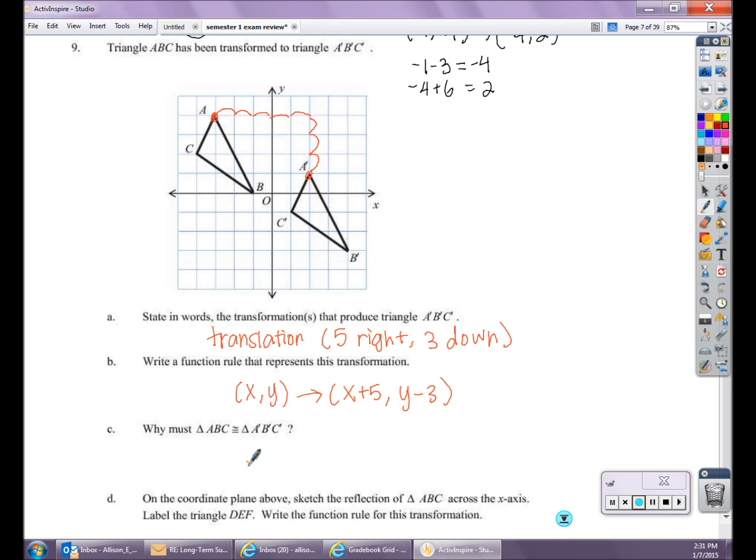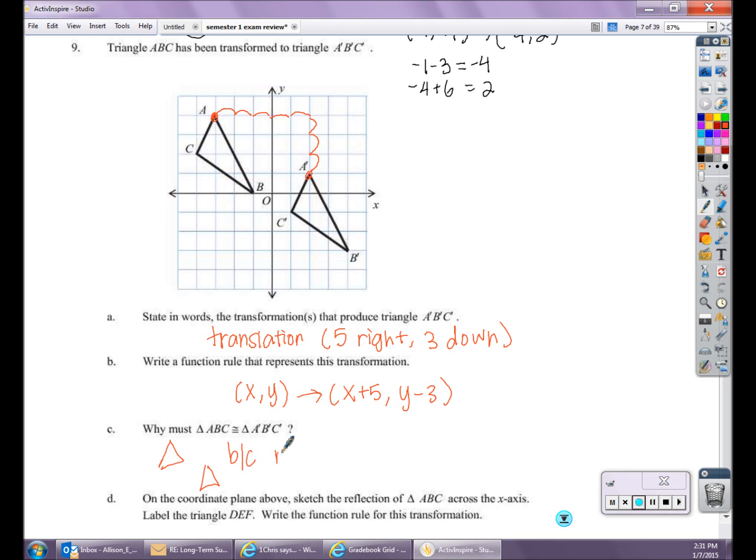And why must they be congruent? So whenever you move this right and then down, your shape doesn't change in size or shape. Okay, so this triangle is the same shape and same size. So why must they be congruent?